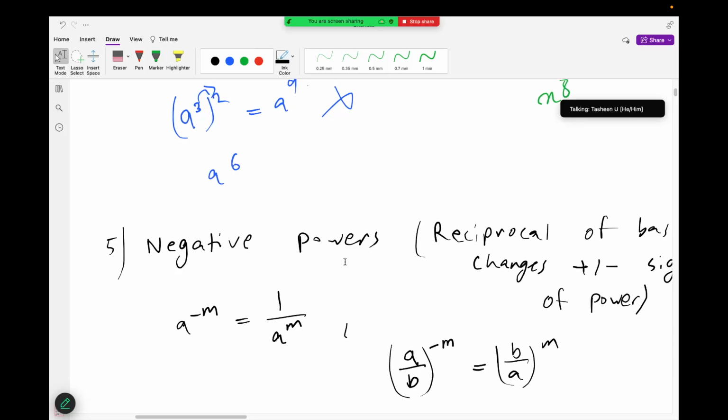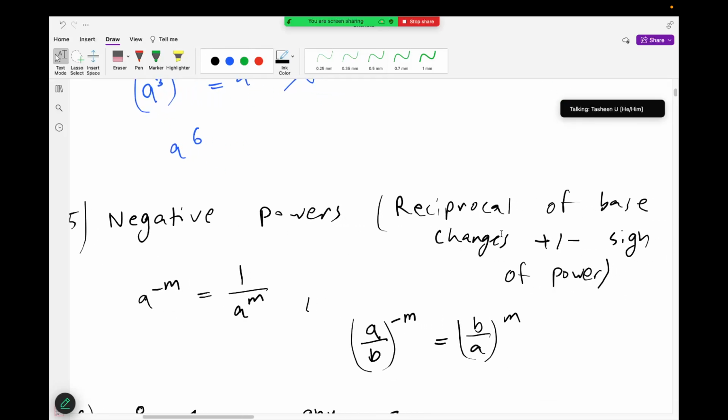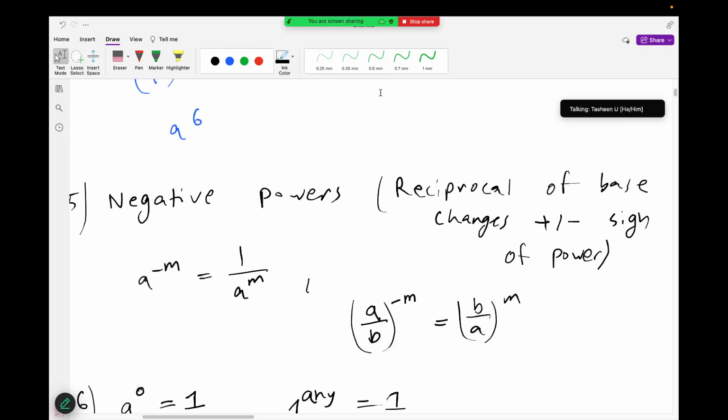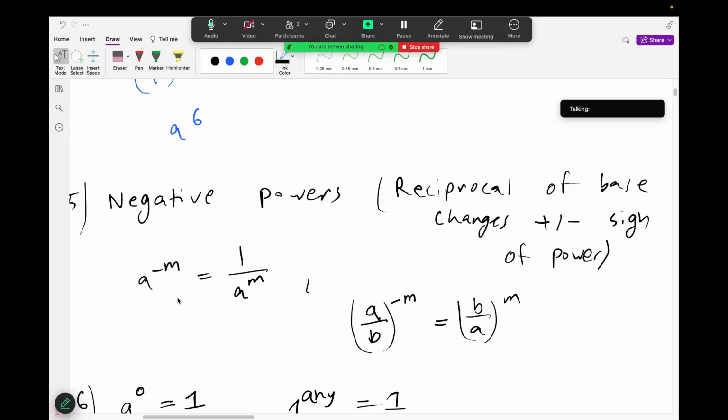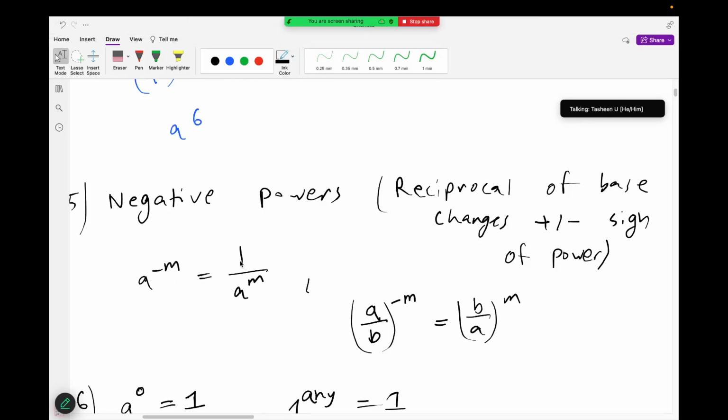In the case of negative powers, the reciprocal of the base is taken and the sign of the power changes. So a to the power negative m, if I want to write it in a reciprocal way, I would write 1 upon a to the power m.